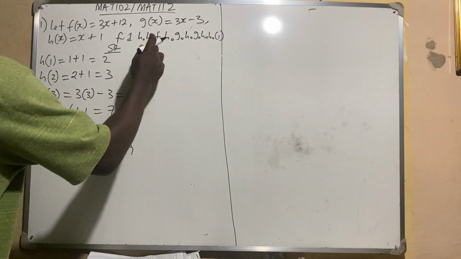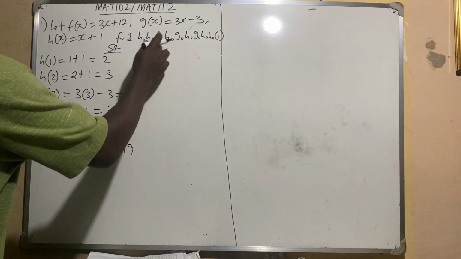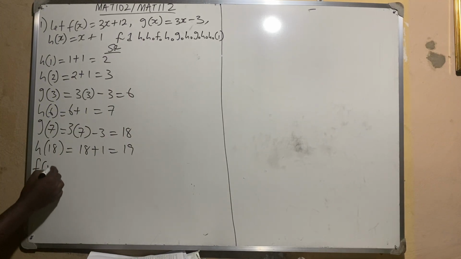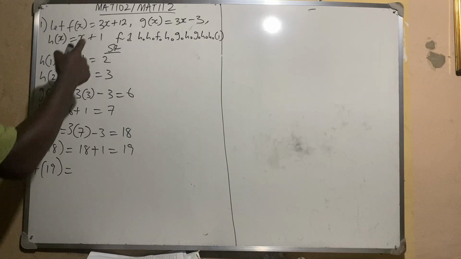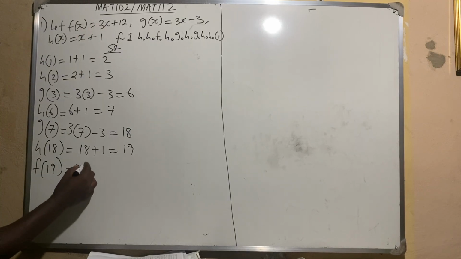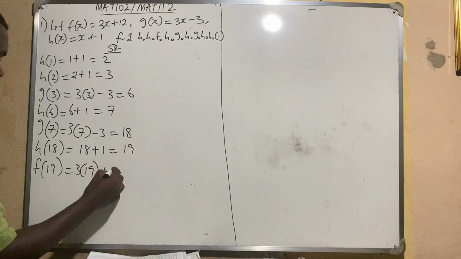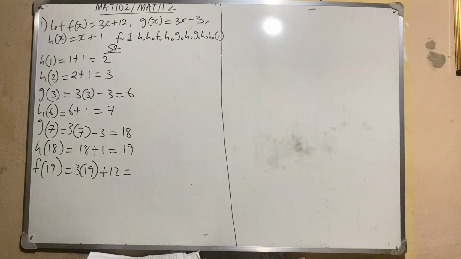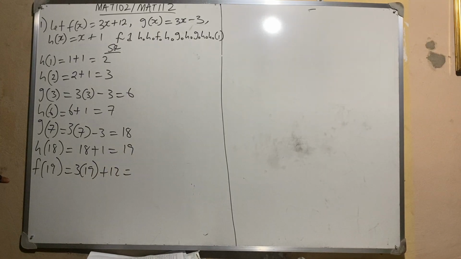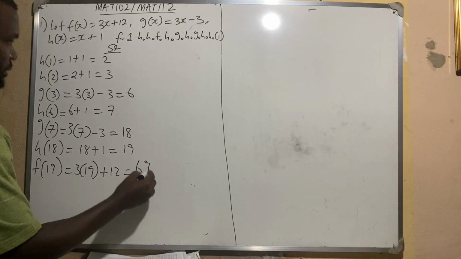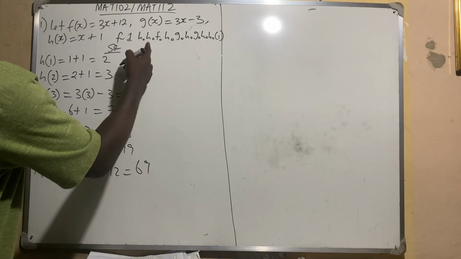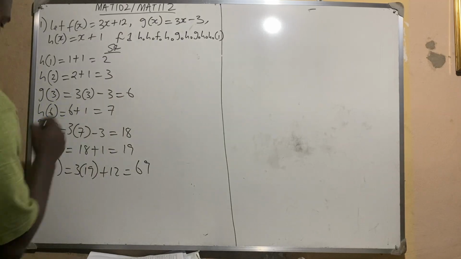f. The seventh one, 7 8 9. So f now. F of 19. F of 19 will give you, go to f now. We have 3 in bracket of 19, then plus 12. So 3 times 19, then plus 12. I have 69. So the next one is h now.